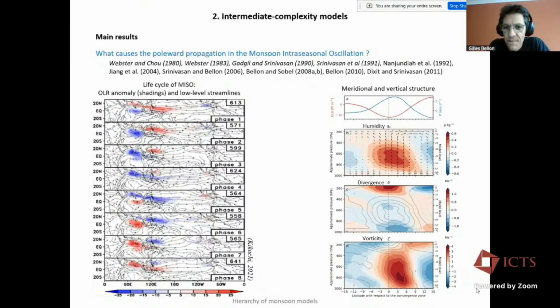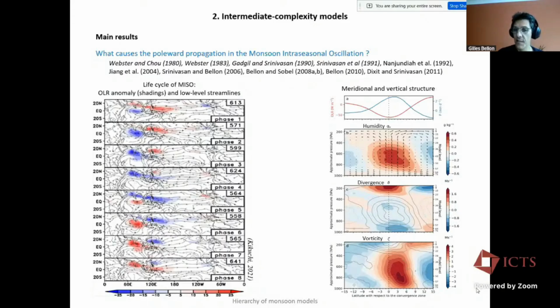So even in the work that I did in the model, there was some role of tilting in the full model.